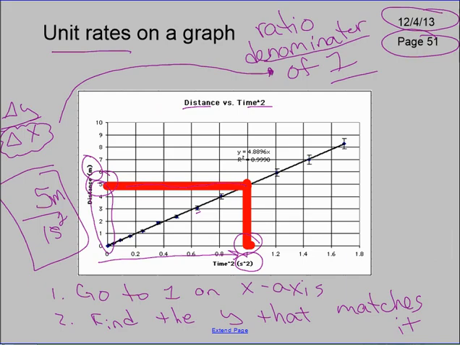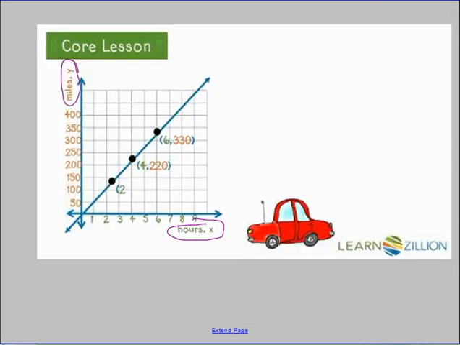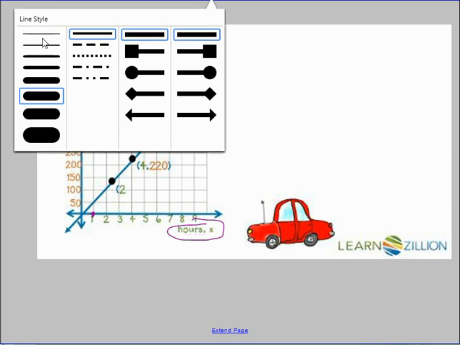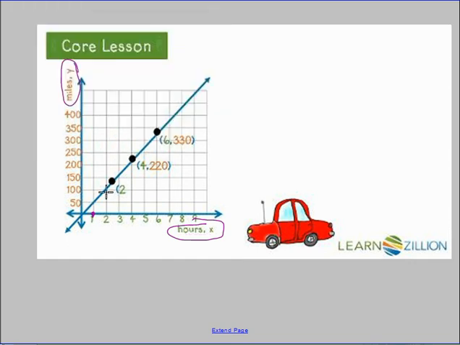If you remember from the last example, we have to go to 1 on the x-axis, and then we have to find the y that matches it. So I'm going to go to 1 on my x-axis here. I'm going to take that line up until I hit the graph, and then I'm going to take it over and find the y that matches my x value of 1.